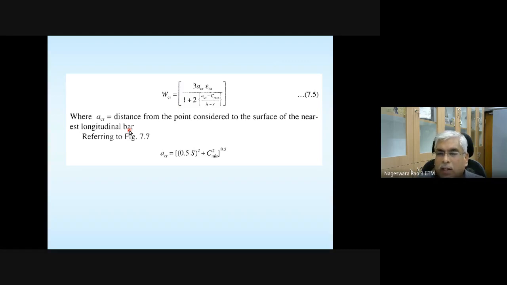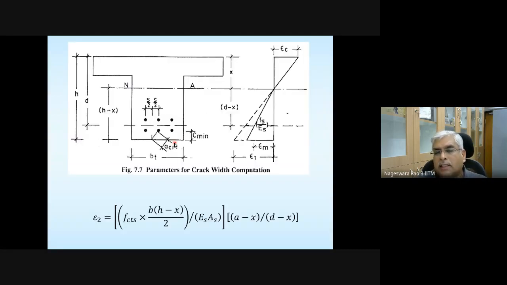Please note one more thing, you have to be very clear. The beam is coming out of the plane of this figure. We are actually looking at one of the sections, or one location, along the length of the beam. At that location, if I take a point midway between the bars, what is going to be the crack width at that location?